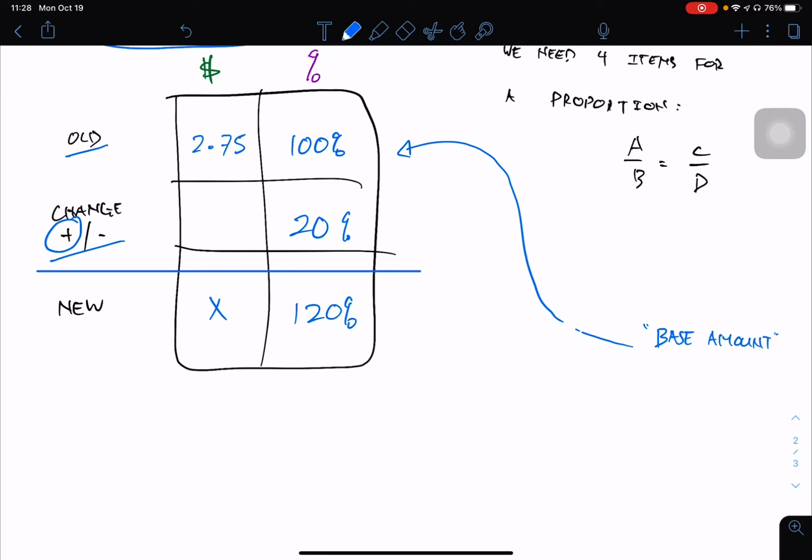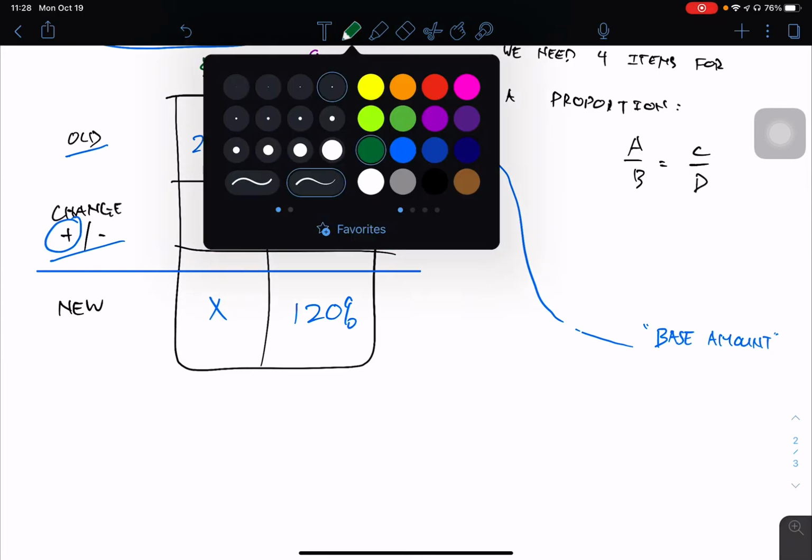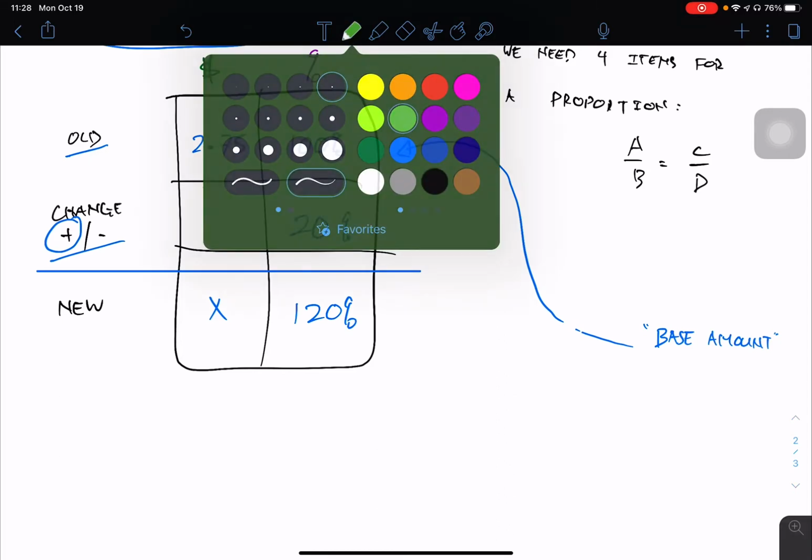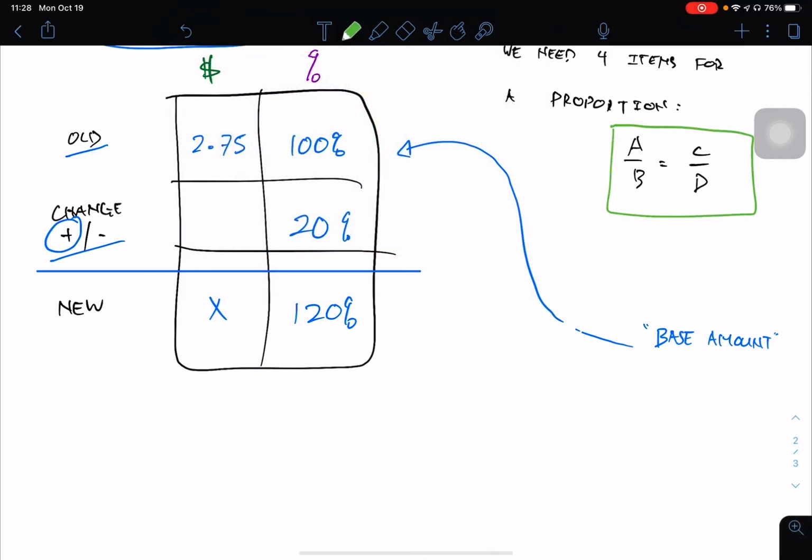And if you might ask, well, how do I see the proportion? If you look at, again, this right here on the right-hand side, let me use a different color. If you see this light green on the left-hand side, it states that we need 4 items. What are our 4 items?